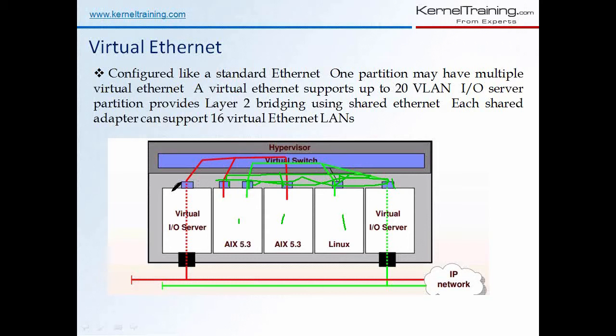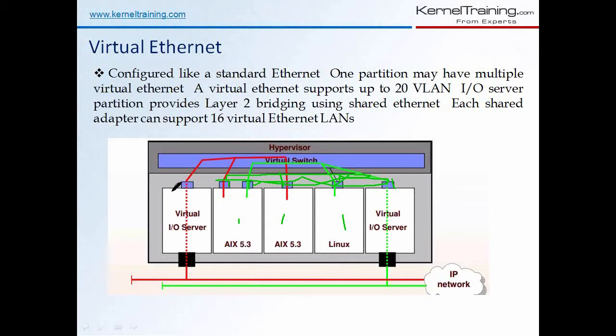That bridge is called the shared Ethernet adapter. So my LPAR will communicate with my virtual adapter, and the virtual adapter will pick up that LPAR packet, and that packet will travel to the outside.